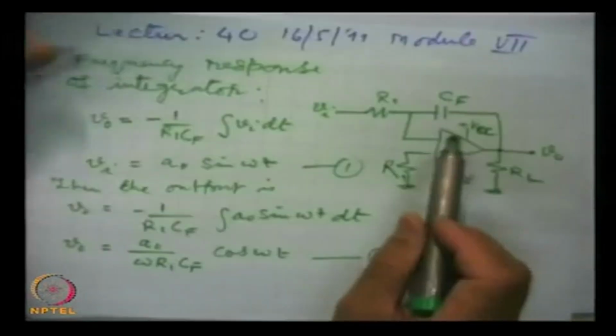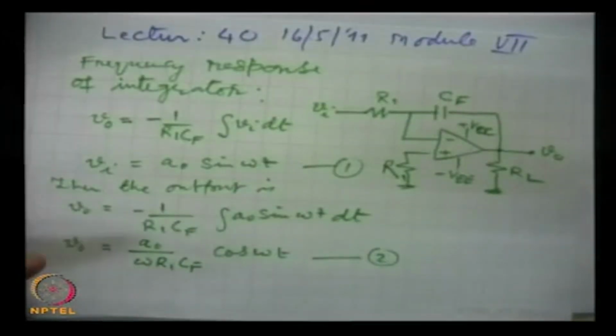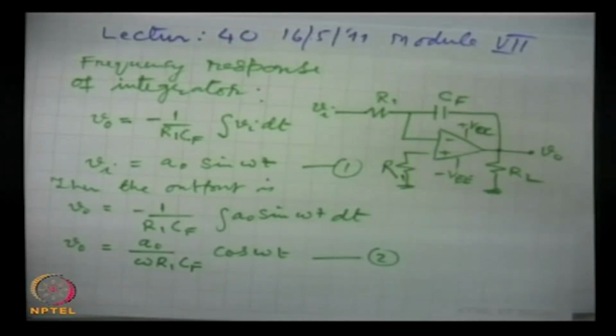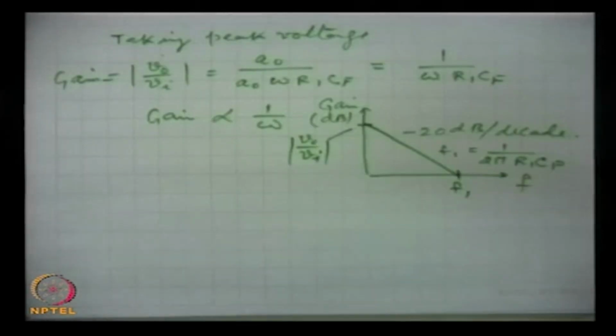And now we have discussed that there is a problem with this circuit, and the problem arises because of the offset currents and voltages, and the capacitor gets charged, and it is amplified, and there is an output even when there is no input.